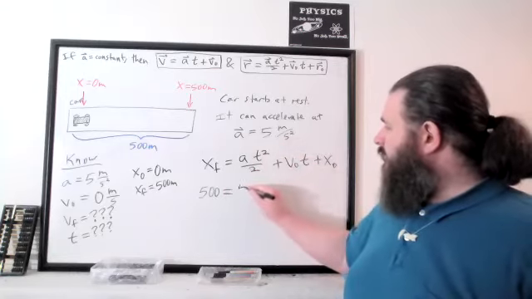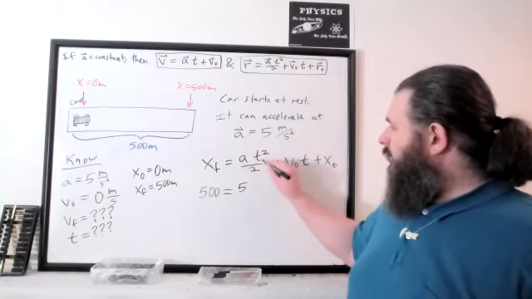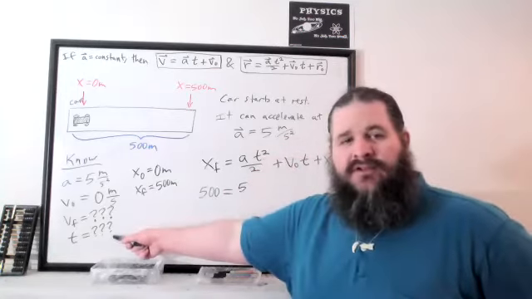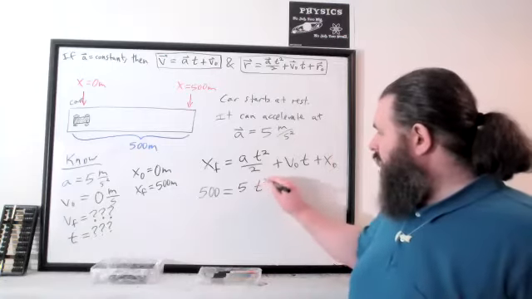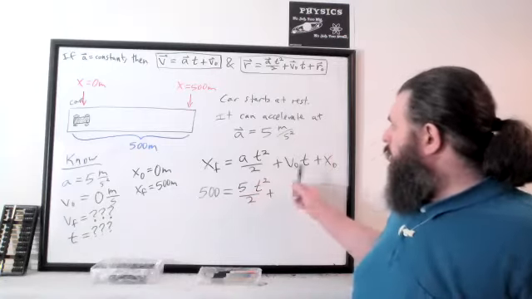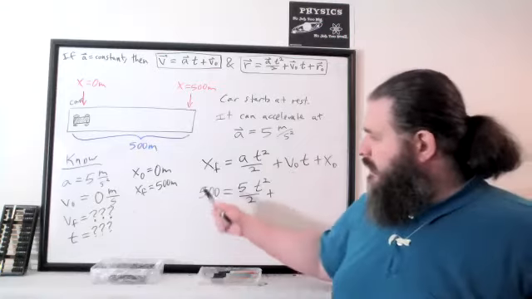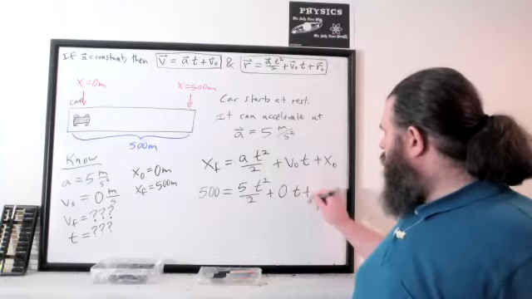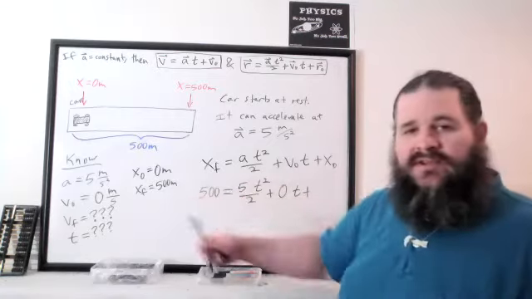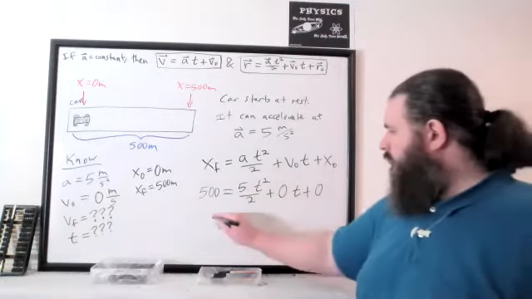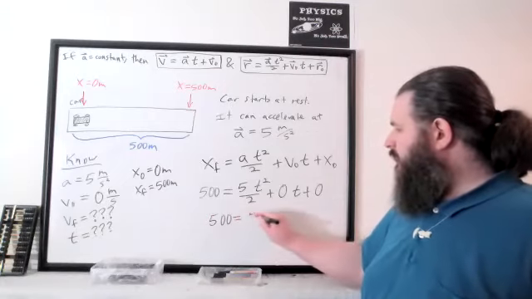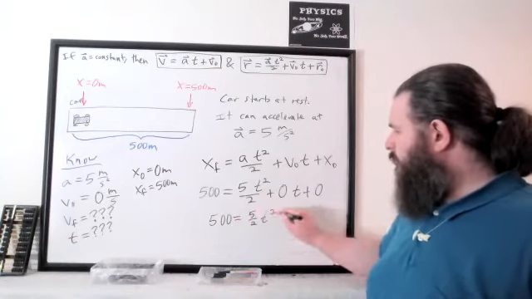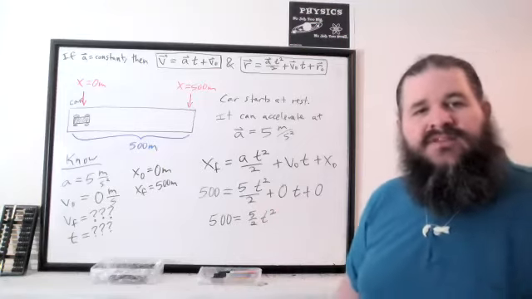Acceleration, 5 meters per second squared, times time squared. We don't know what time it crosses the finish line, so we'll leave that as an unknown variable. Initial velocity, we know is 0. Starting position, we also know is 0. So we're left with just 500 equals 5 halves t squared. And now that means t is the only unknown.